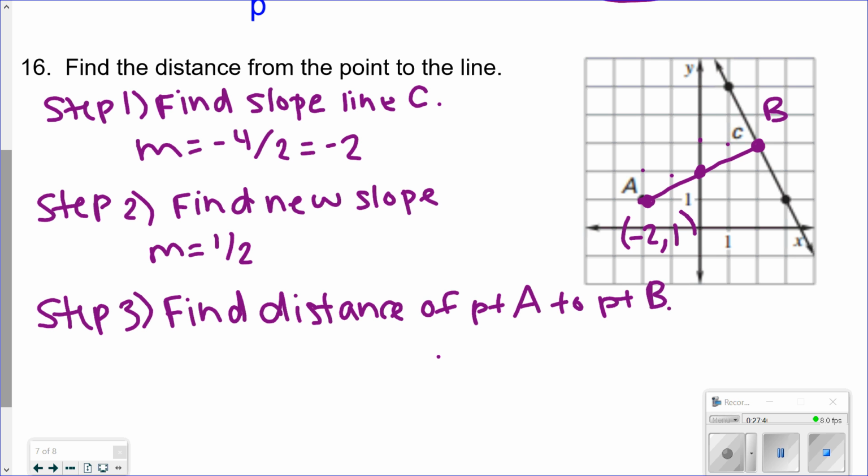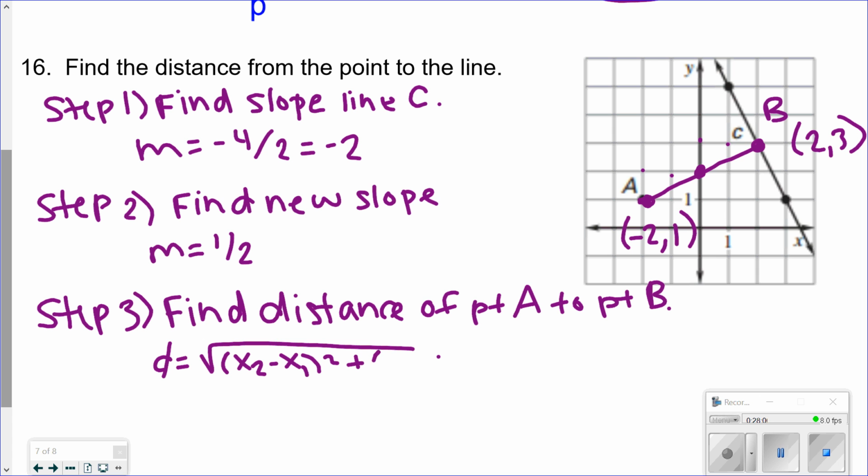Point B is the coordinate 2, 3. So I'm going to use the distance formula, which is equal to the square root of x2 minus x1 squared plus y2 minus y1 squared.